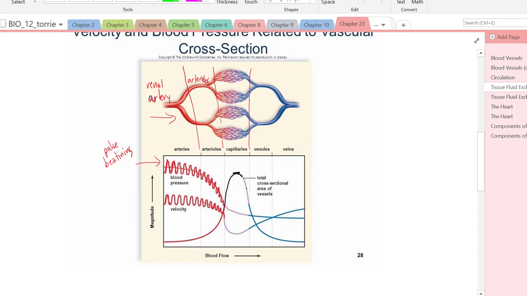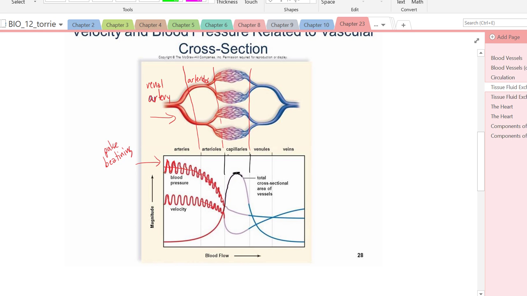So it's the reverse analogy before of the garden hose, right? When we put our thumb over the end of that garden hose and shrunk the diameter, pressure went way up, velocity went way up. Here, we're now going from a small garden hose to a bigger garden hose. And as we go to a bigger garden hose, well, blood pressure is going to drop and velocity is going to drop. And this allows the exchange to take place.